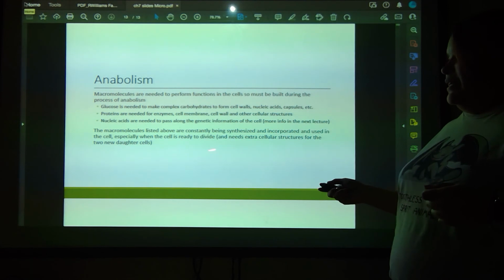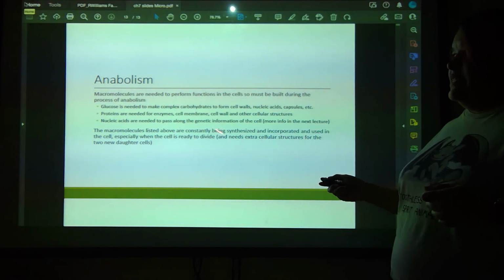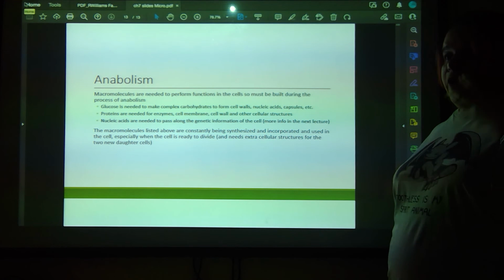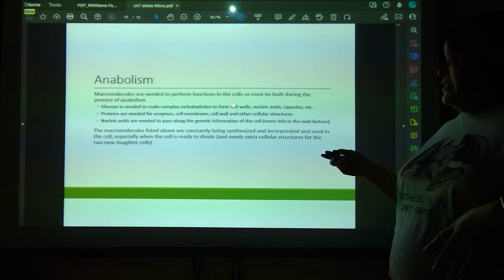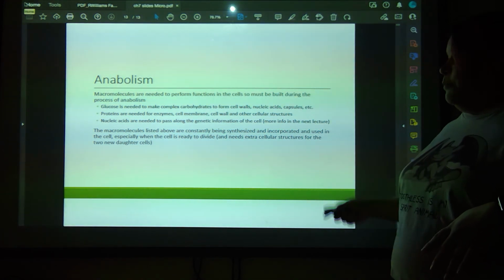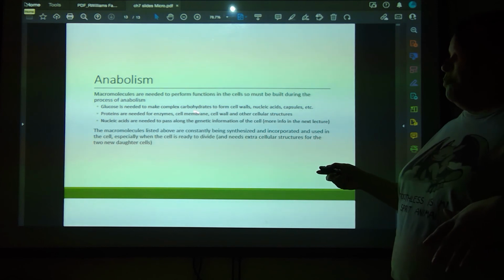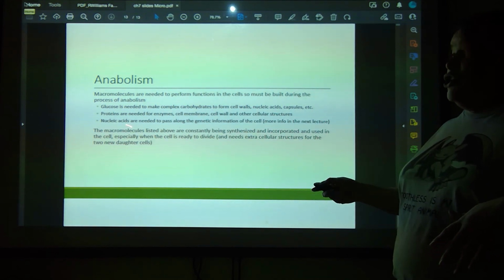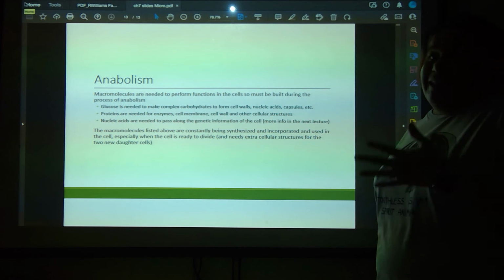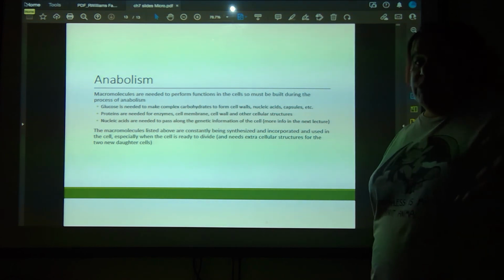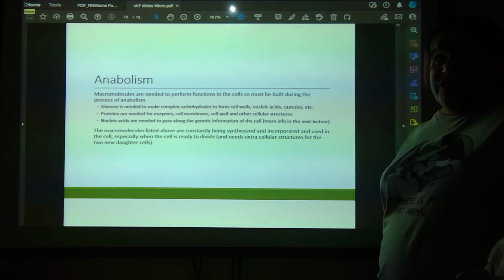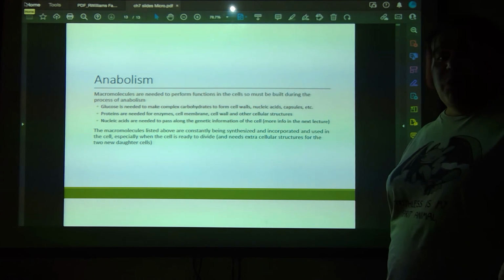Especially when the cell is ready to divide, all of these things need to be there. Carbohydrates, like I said, are part of the cell wall. They're part of nucleic acids. They're part of the capsules. Proteins are part of the cell membrane, the cell wall. Nucleic acids: if you divide a cell and it doesn't have its own genetic material, it was pointless to divide the cell because it has no instruction manual. It's basically just a bubble.